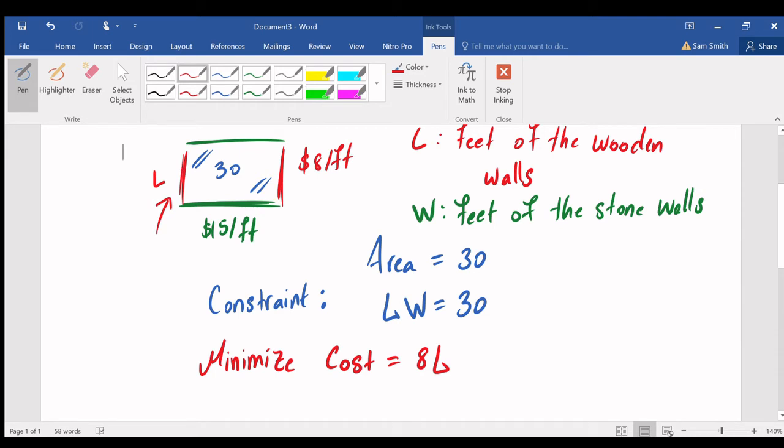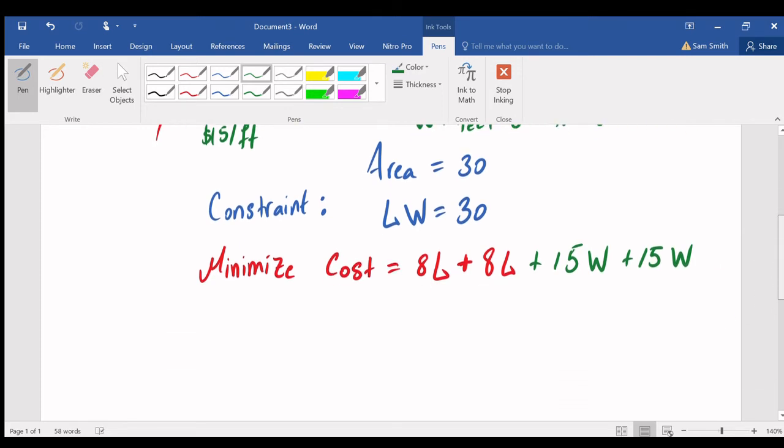Likewise, for the right side, it's going to cost $8 per foot times the L feet of the wooden wall on the right-hand side. Additionally, we have $15 per foot cost in the stone wall direction, on the bottom, W feet, and on the top as well, $15 times W for the top wall.